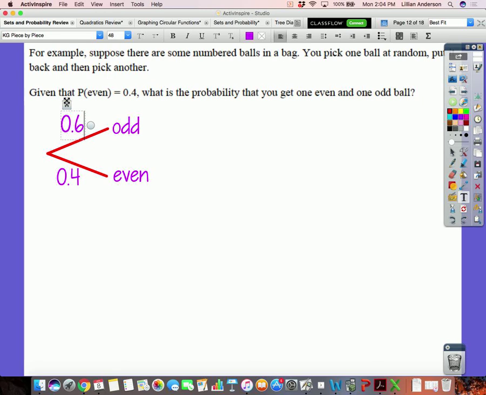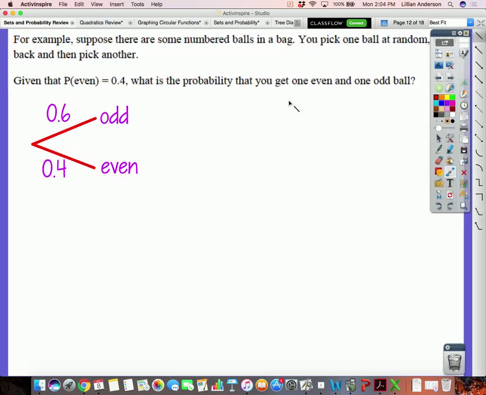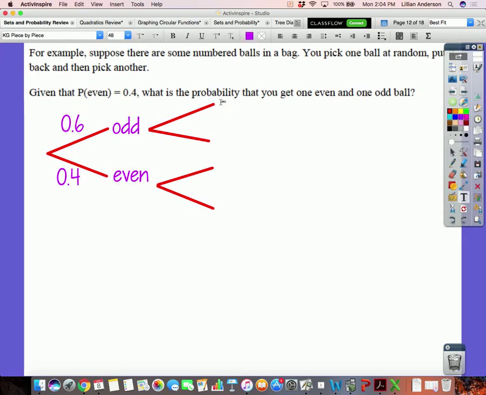Remember, your branches need to add up to be 1 or 100. Okay? So that's your first pick. But then you put the ball back and you pick again. What are your outcomes again? The same thing. So they're still odd and even, correct? And then your probabilities are still the same, correct? Yes.